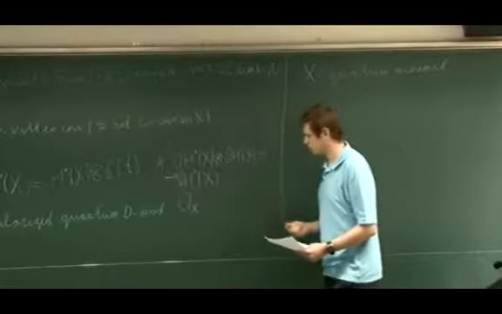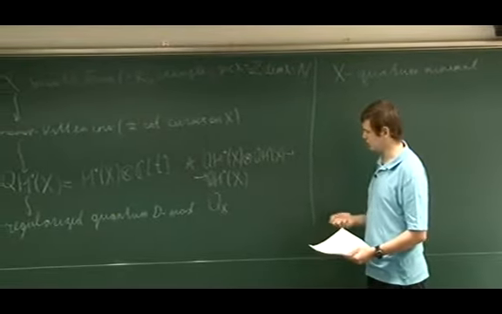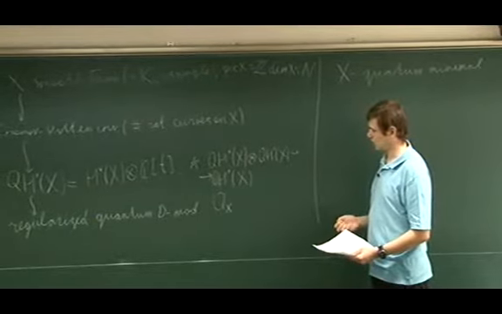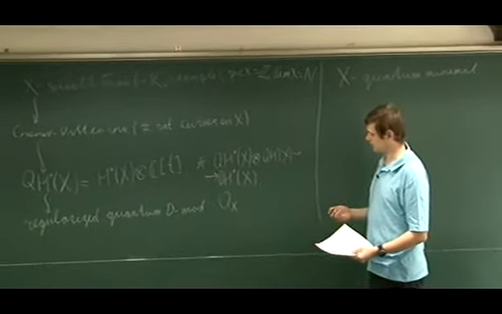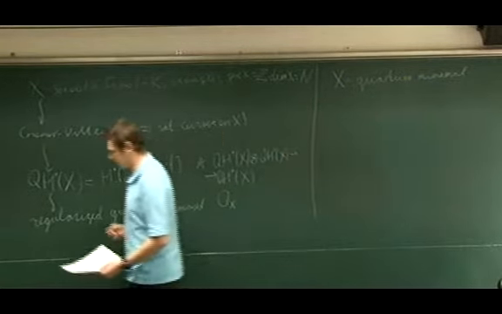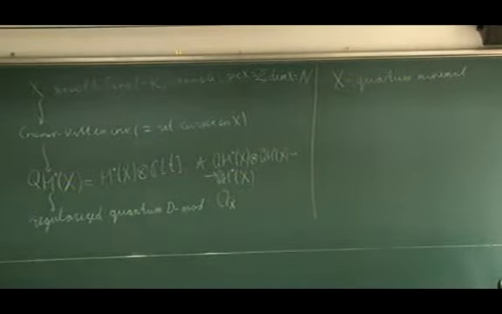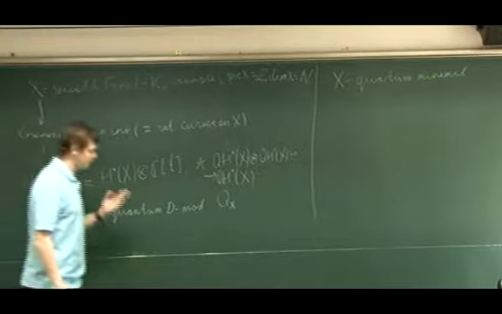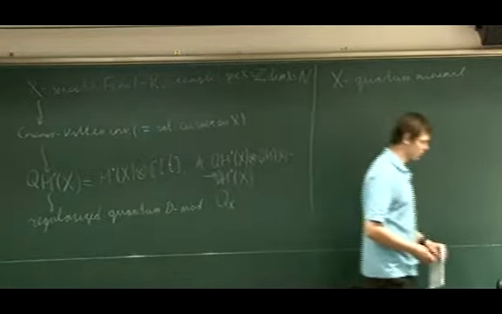As I've told, to get this construction, we need only quantum multiplication by the canonical class. If there is a subring in quantum cohomology containing the canonical class, if it's as small as it can be, then the variety is called quantum minimal.